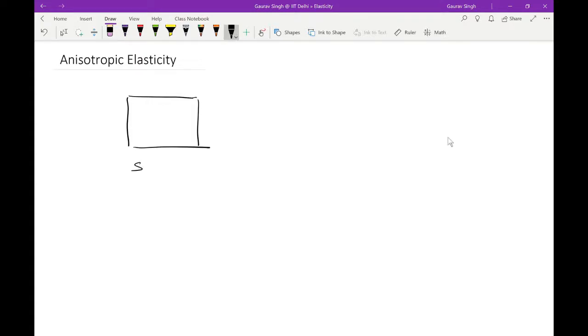For example, if you have a simple cubic crystal, these two directions give the same elastic response. Not a third direction, obviously, but these two black directions will give you the same elastic response.